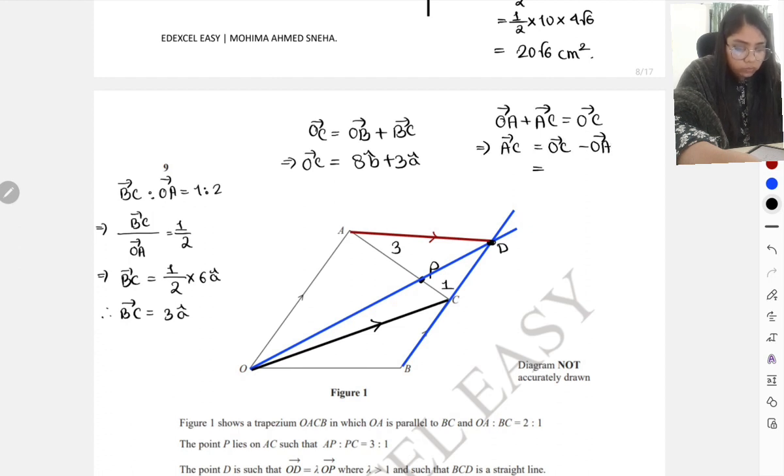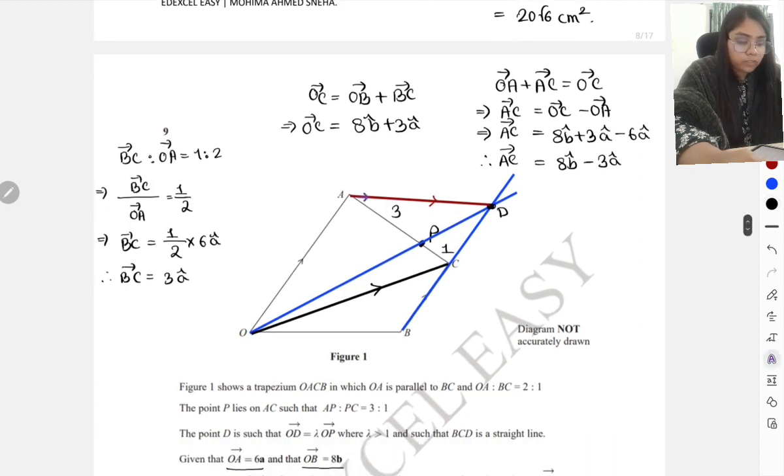So OC was 8B plus 3A, and OA was 6A, so it's going to be negative 6A. So finally, we're left with 8B minus 3A. Okay, so now we have another expression for AC.